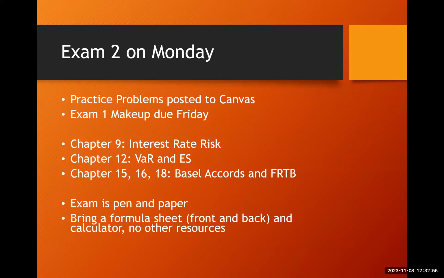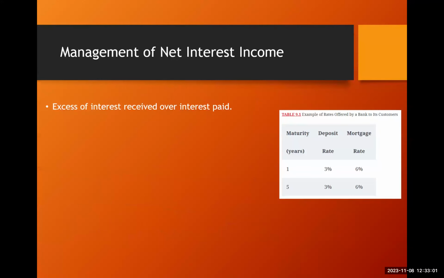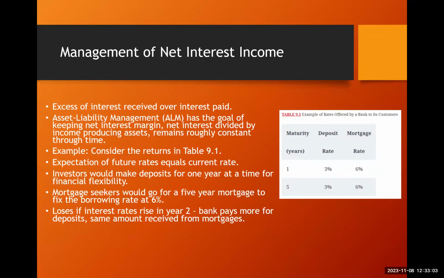Okay. So let's start by reviewing some important concepts, starting with chapter 9. The first thing we talked about was the management of net interest income. It's possible you'll see a question like this on the exam where you take a look at a bank's deposits and the loans that they provide.